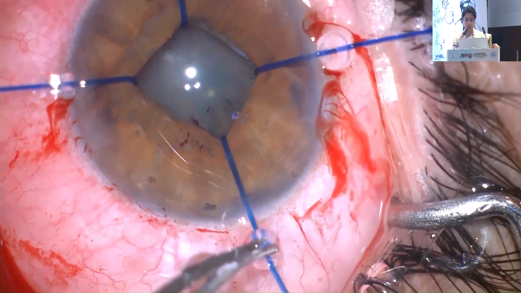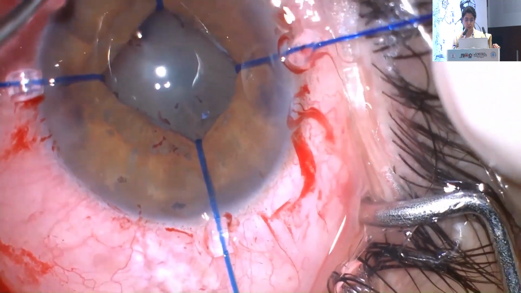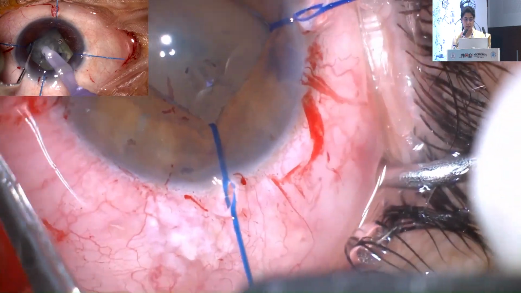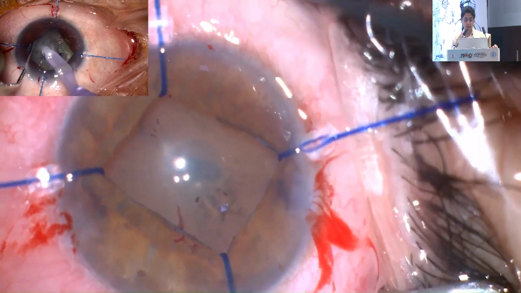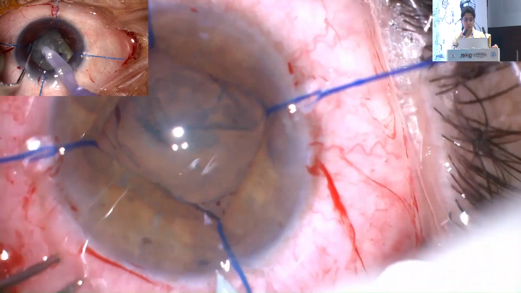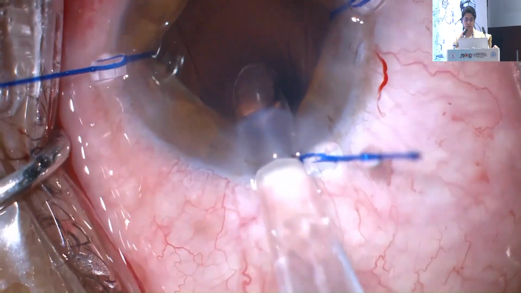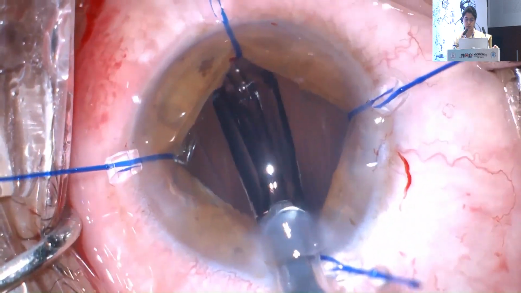So here you see this is a diamond configuration. I am sequentially tightening this. In a square one, the iris gets tented and maneuvers become difficult. So the main port is above the plane of the iris hook. Phacoemulsification is as usual.